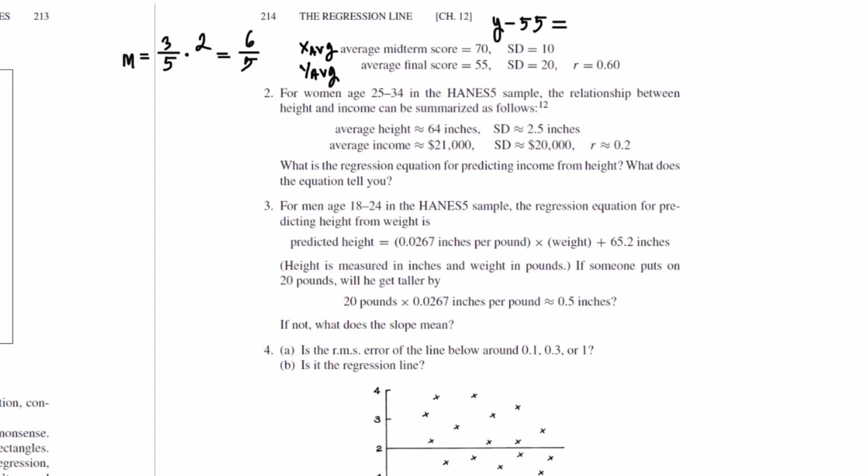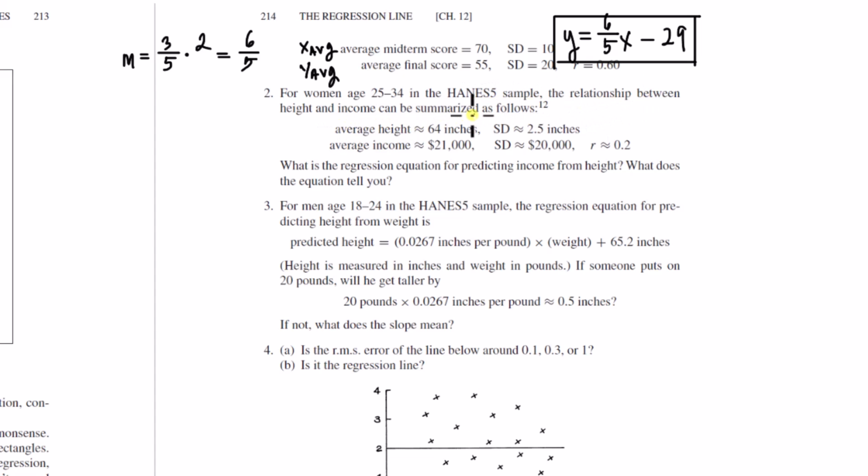So y is equal to 6/5 x minus 29. And there we go. You input a midterm score, you get out a final score. That's the regression equation.